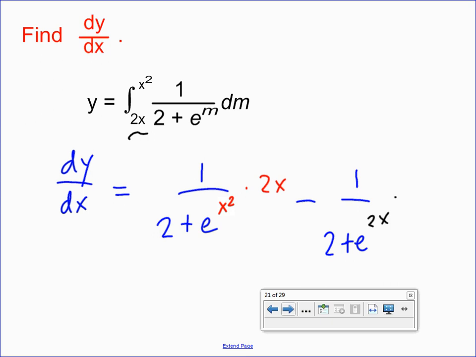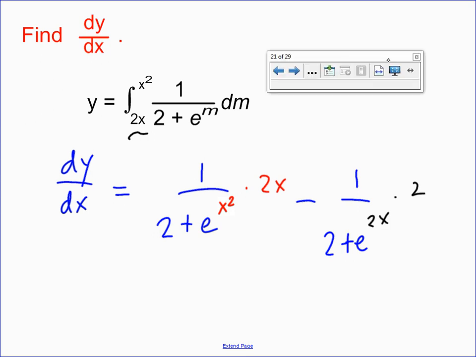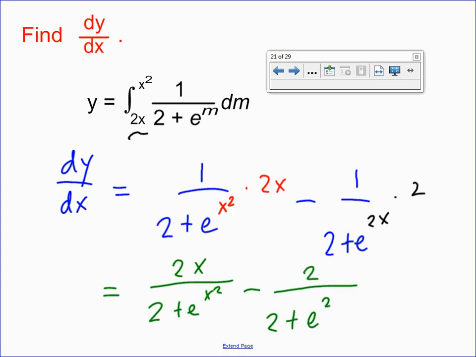What's that? 2. And so while that doesn't look very pretty, we could do a rewrite. And that still doesn't look very pretty, but it's better than the one above.